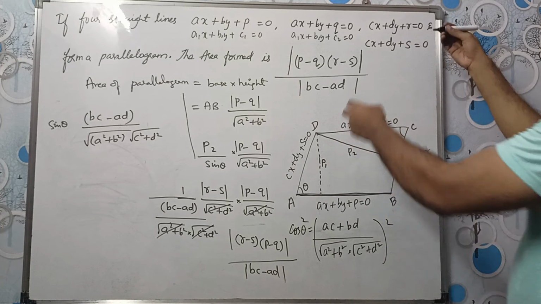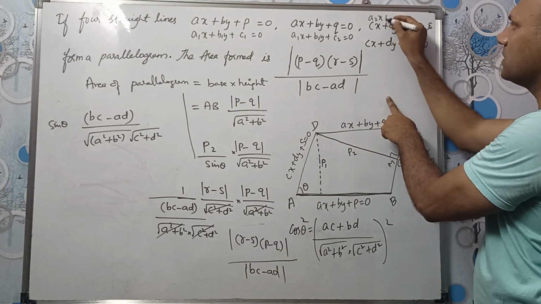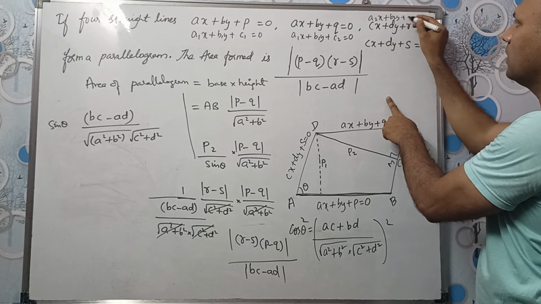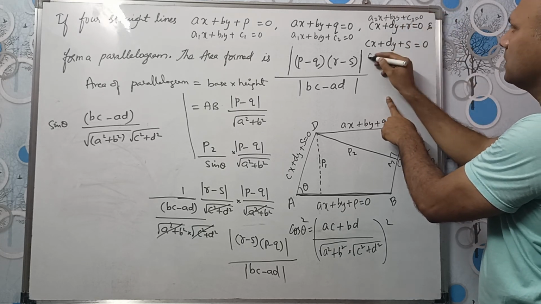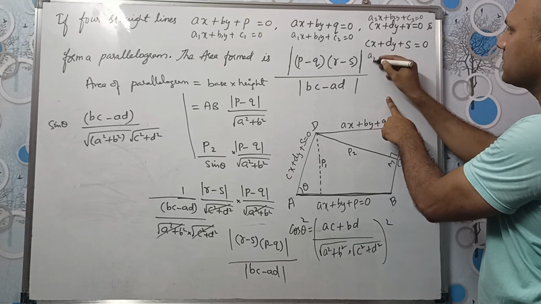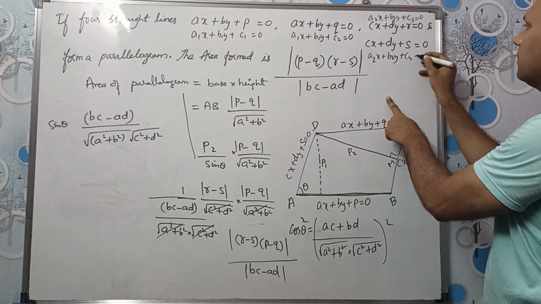And here a2x plus b2y plus, let us say, c3 is equal to 0, and a2x plus b2y plus c4 is equal to 0.